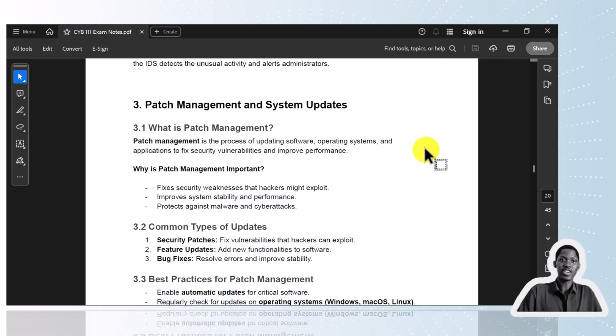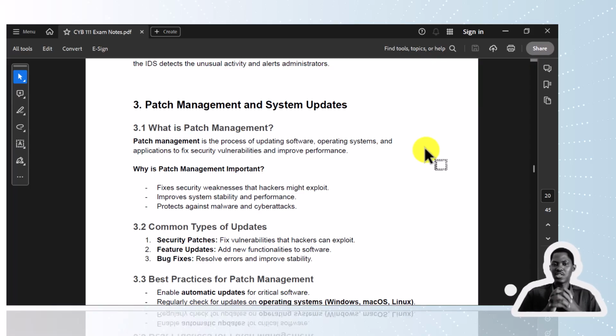Again, patch management is a process on its own. It's a whole process whereby you update the software, operating systems, and applications in general to fix security vulnerabilities and improve performance.